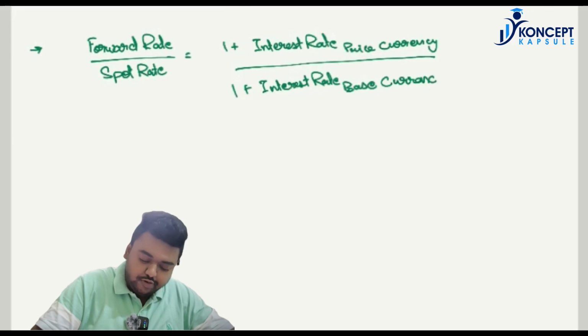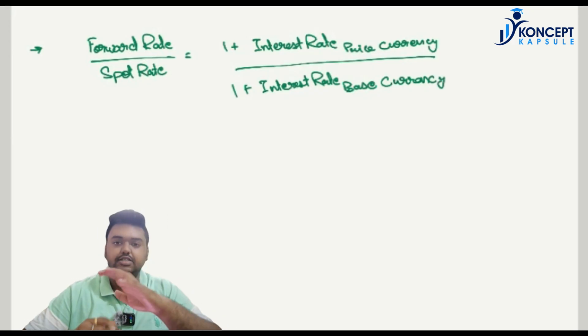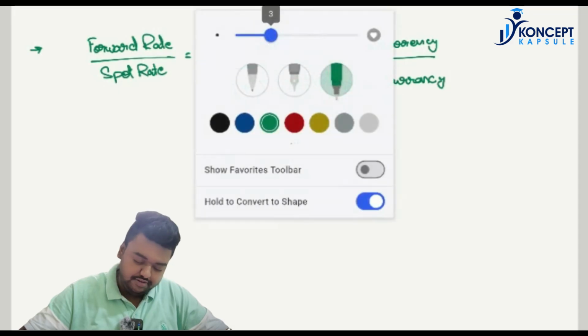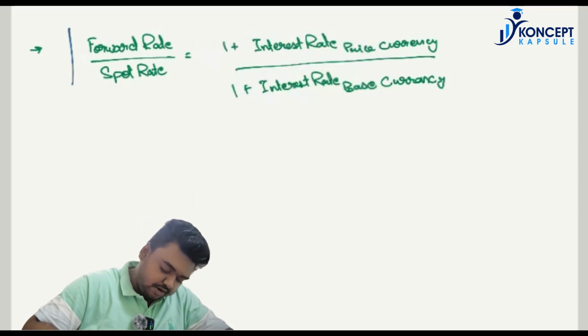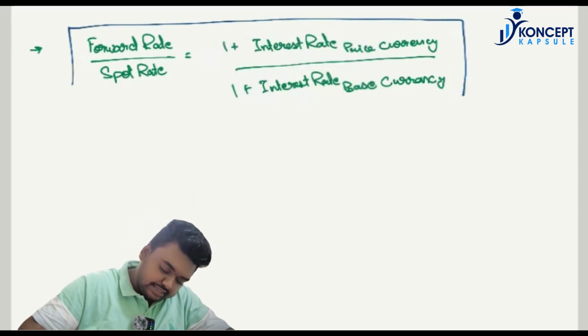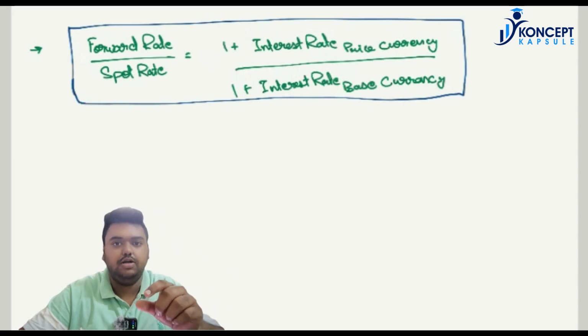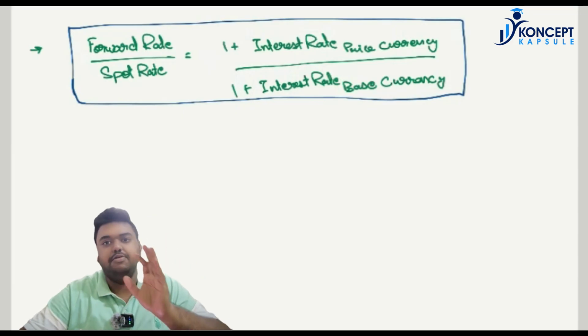Guys, this formula might seem very heavy, but it is a very simple concept. Don't worry, we will understand it one by one. What it is initially saying is that the ratio of forward to spot will always be the same as the ratio of the interest rate of the price currency to that of the base currency.